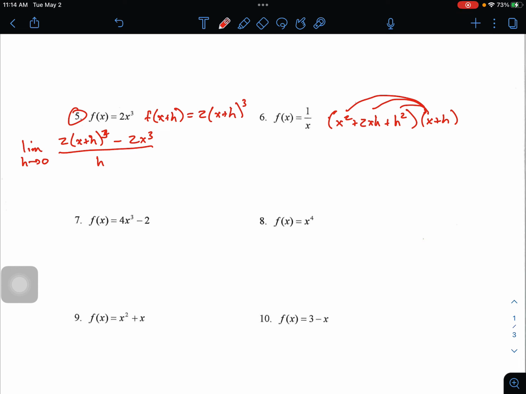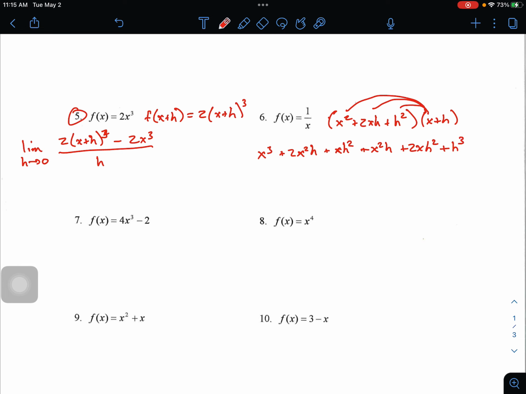So if we do that, x times x squared gives us x cubed, x times 2xh gives us 2x squared h, and x times h squared is exactly that, xh squared. So that's what we get when we distribute the x. Now I'm going to take the h and distribute. So we get plus x squared h plus 2xh squared and plus an h cubed.